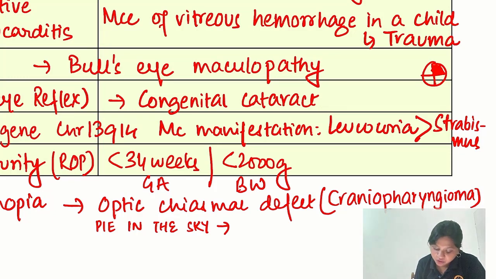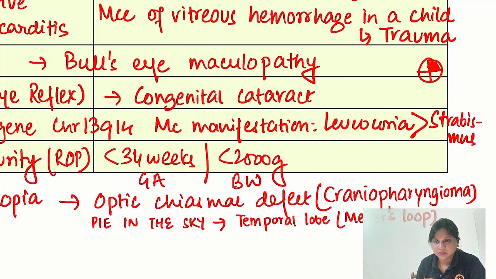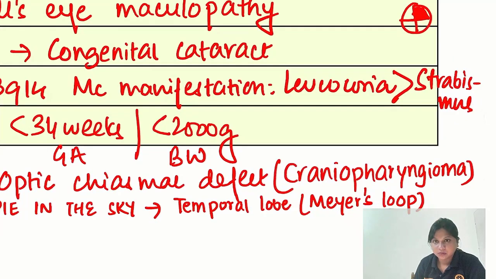It is because of the temporal lobe and the fibers being known as Meyer's loop. Meyer's loop. Visible? Pie in the sky, temporal lobe, Meyer's loop.